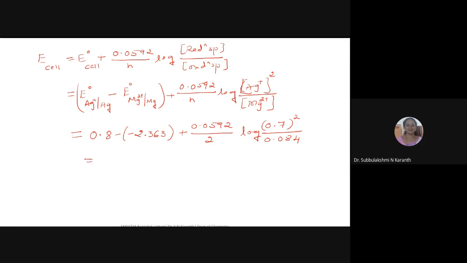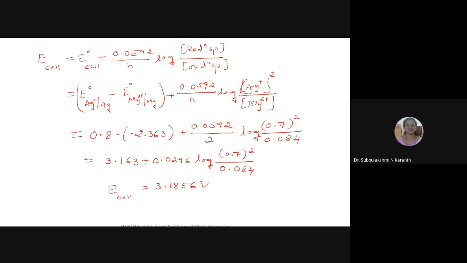So here this value we get is 3.163 plus 0.0296 times log of 0.7 to the power 2 divided by 0.084. After calculation, we get E cell equal to 3.1856.